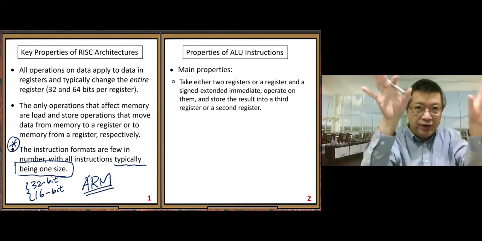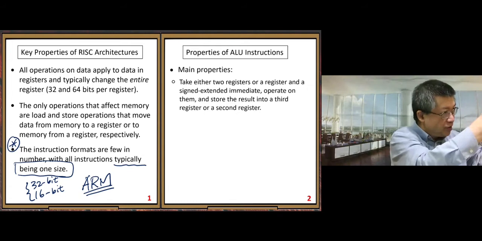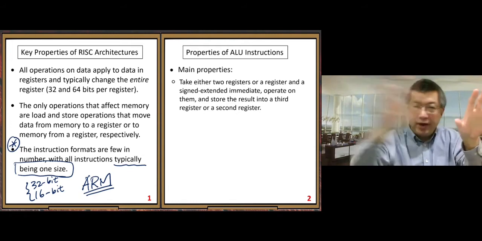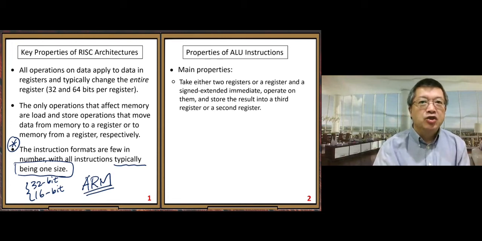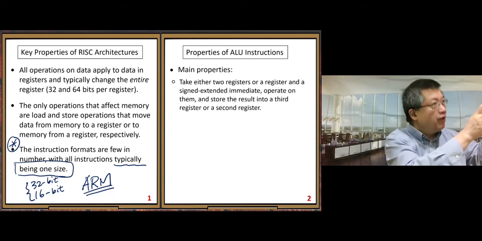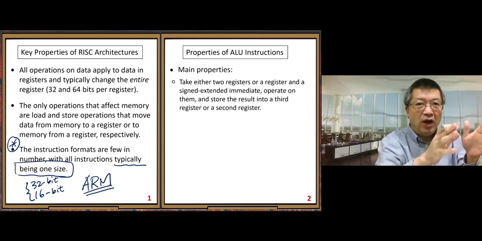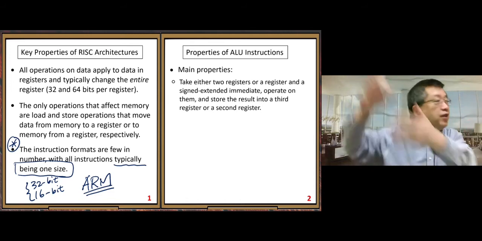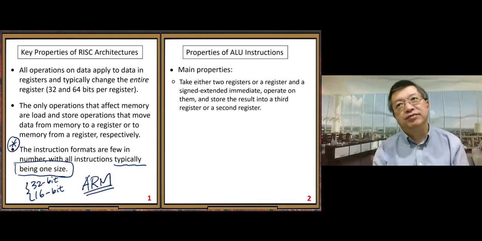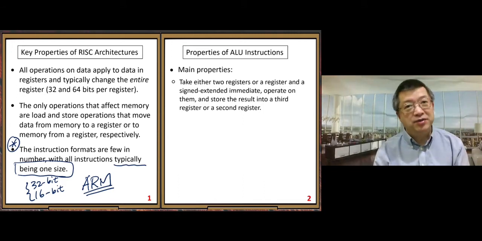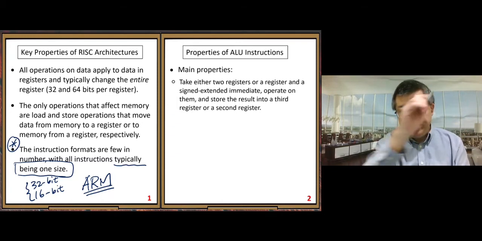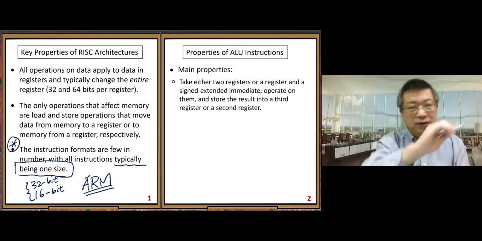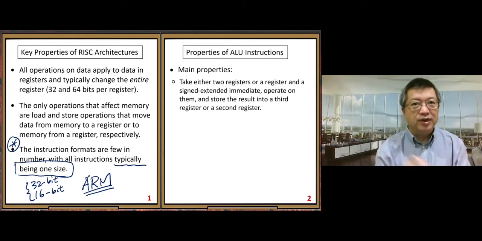There are two different types: both from registers, or one from a register and another from the immediate field. And store the result into a third register for the first case, or a second register for the second case. We saw many examples, so we know the meaning here. I do not need to write two examples out for this property.